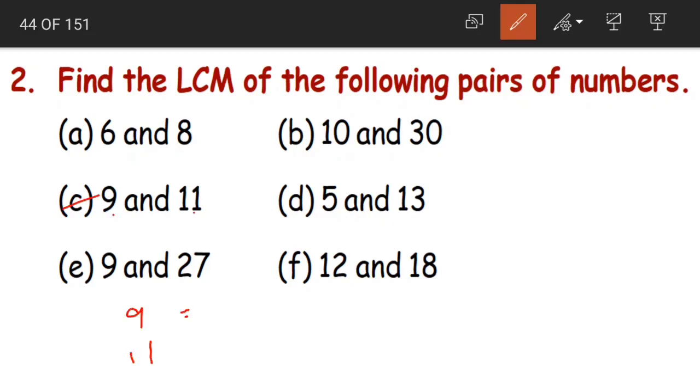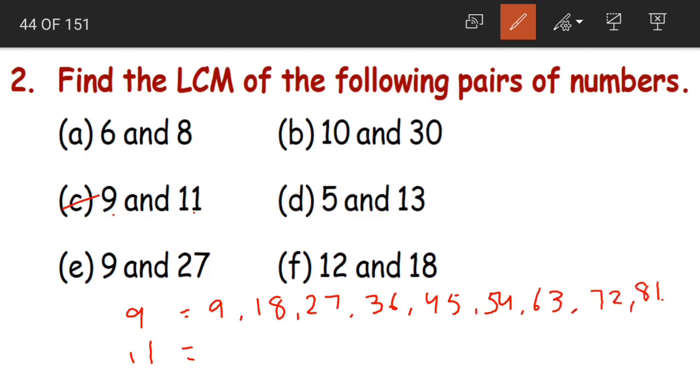First, what should you do? Write the multiples of 9 and 11. 9 ones are 9, 9 twos are 18, 9 threes are 27, 9 fours are 36, 9 fives are 45, 9 sixes are 54, 9 sevens are 63, 9 eights are 72, 9 nines are 81, and 9 tens are 90.